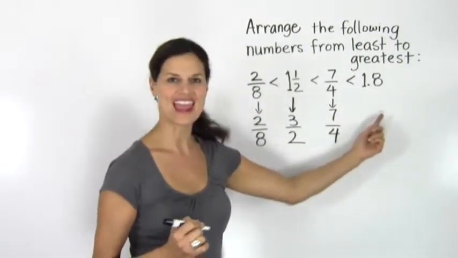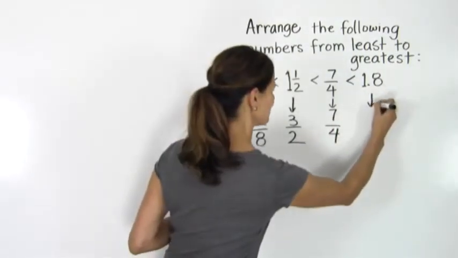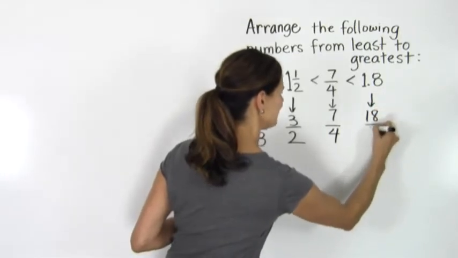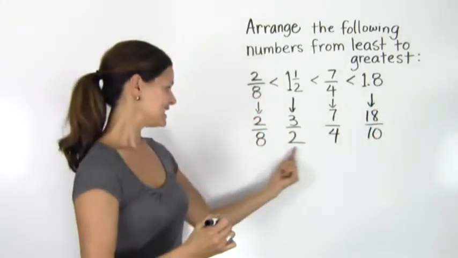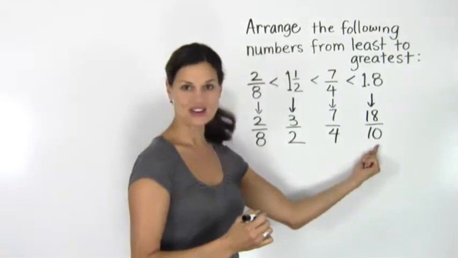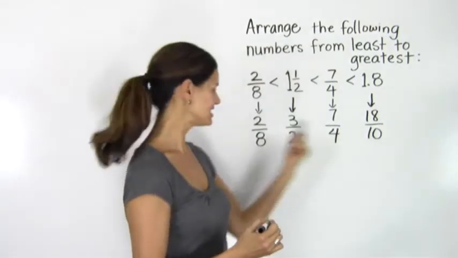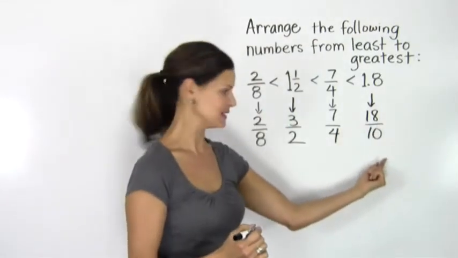And 1.8 converted to fraction form would be 18/10. Now I see I don't have any common denominators at all here yet, so I can't just go and compare their numerators at this point.